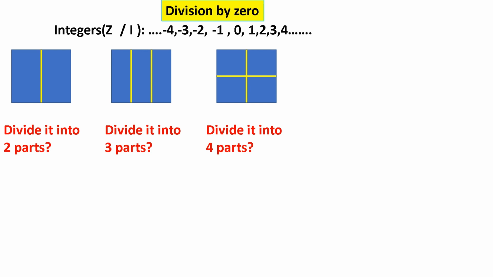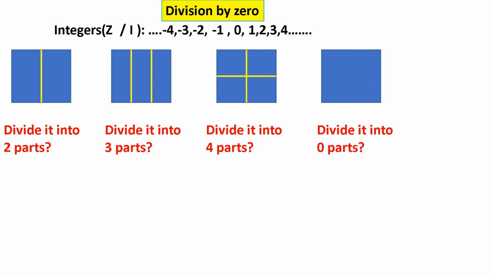Now in the first example we divide into two parts. In the second example we divide equally into three parts. In the third example we divide into four equal parts. Now this square, divide it into 0 parts. What does that mean? 0 parts. Is it possible?